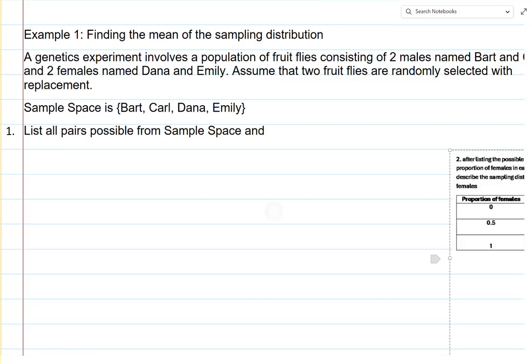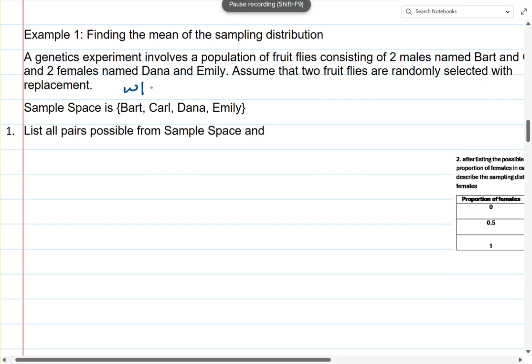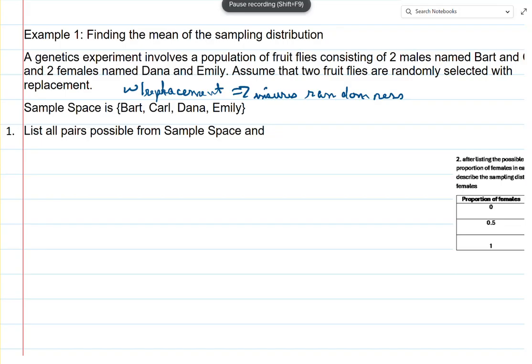With replacement ensures randomness and independence.